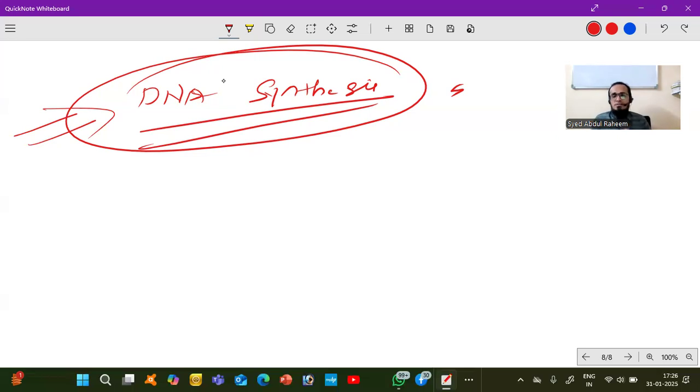If RBC is fragile, what will happen? You can see that anemia patients need to take blood transfusion, due to the damage of RBC. So this is very, very important. Without blood, the person cannot survive.